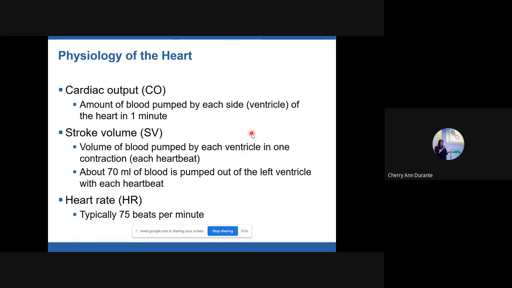And of course, your heart rate is ito yung amount of pumping or how many contractions of the heart in 1 minute. So to compute for the cardiac output, we multiply stroke volume times heart rate para malaman mo ilang ml ng dugo ang na-pumped out ng iyong puso.